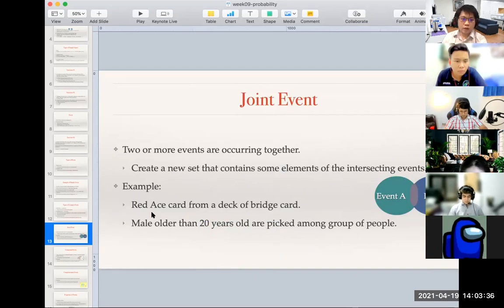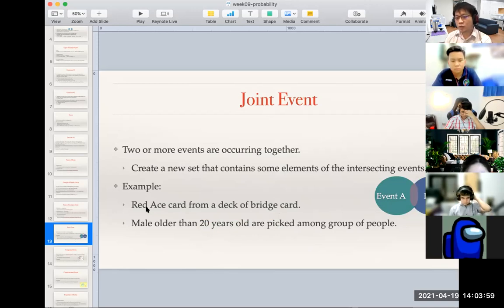For example, here: red ace card from a deck of bridge cards. The statement looks similar to a simple event, right? Only one normal sentence, but if we think it through, it actually has a compound, complex meaning.